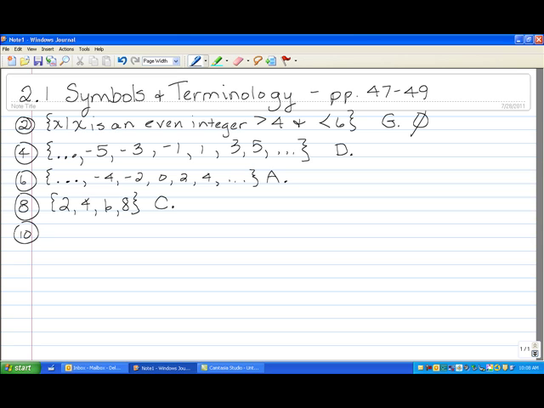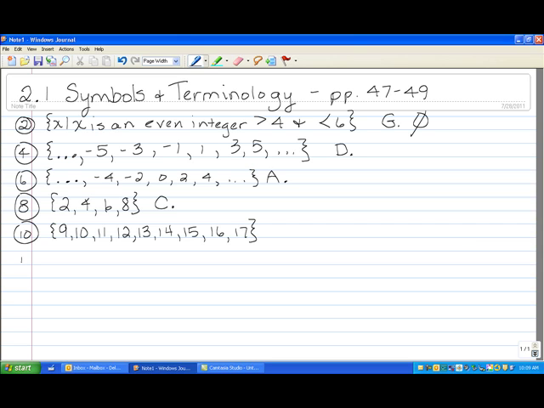Greater than 8, we'd start with 9, 10, 11, 12, and how far do we want to go? Less than 18, we want to go up through 17: 13, 14, 15, 16, 17. So we don't include 8 and we don't include 18.